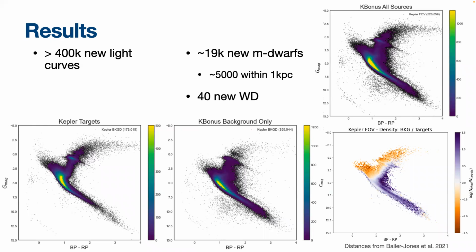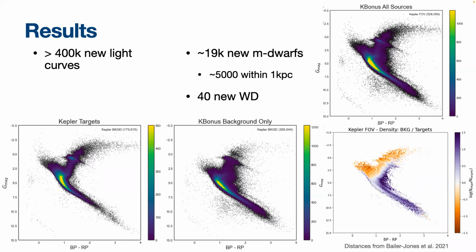First, we have the Kepler targets. In the middle, we have the K bonus, which are our background sources only. In case you're curious, this is the over/under density ratio between the background and the target, just to see where we have more or less compared to the Kepler sample. And on the top, we have everything, the whole catalog.